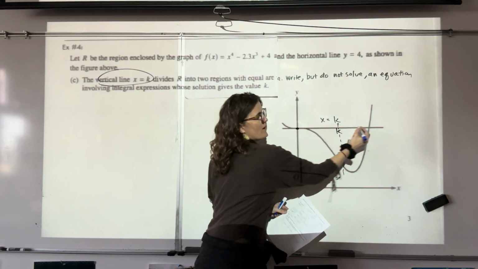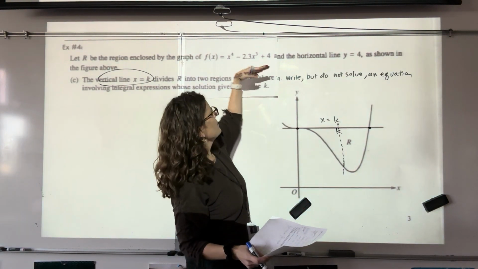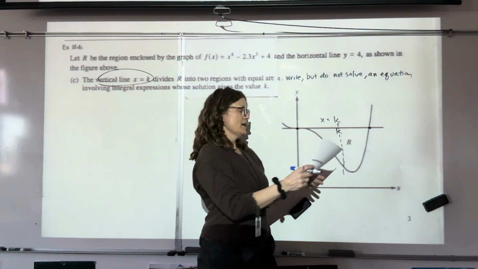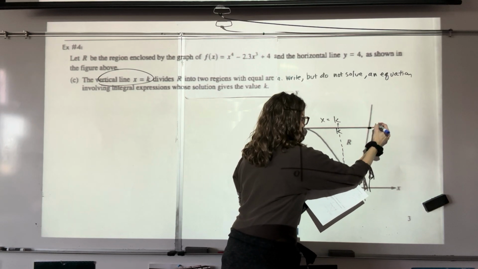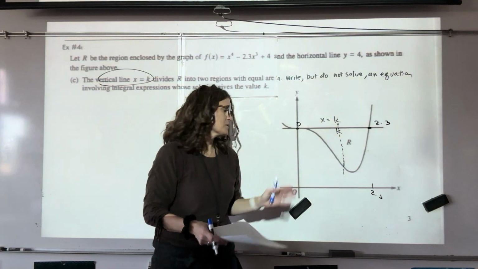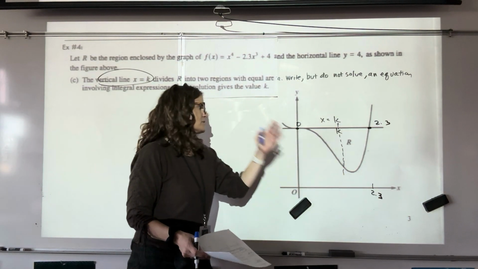You would have to first find the points of intersection. So when you find these points of intersection with this line, y equals 4, and this equation here, it ends up being exactly 0 here, and this point over here is 2.3. So this is exactly 2.3. There were no decimals, it was like 2.3000, so I didn't round this, that was exact.